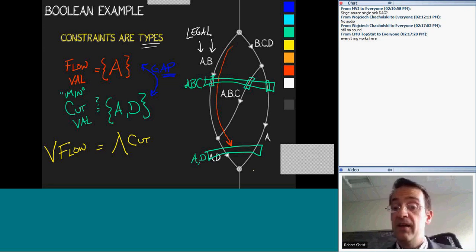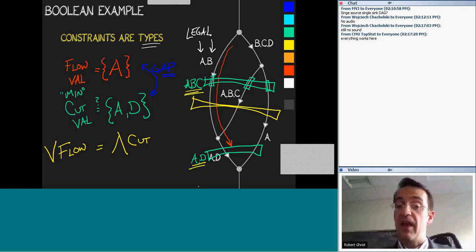And if I take that cut with A and D and look at all other possible cuts that I can get, well, the one before has A, B, and C. If I take the intersection of that with A and D, what do I get? D, and A.